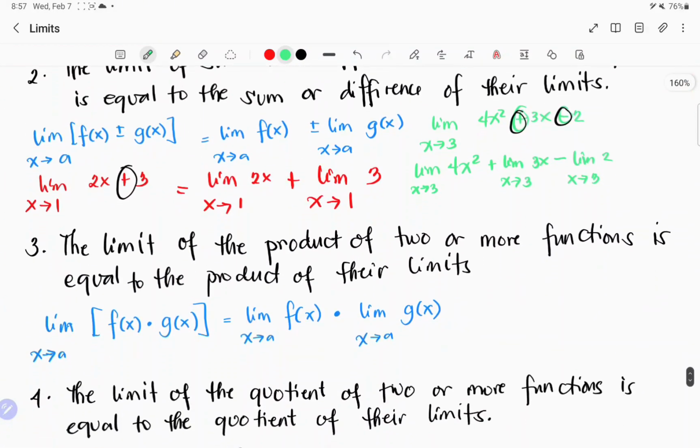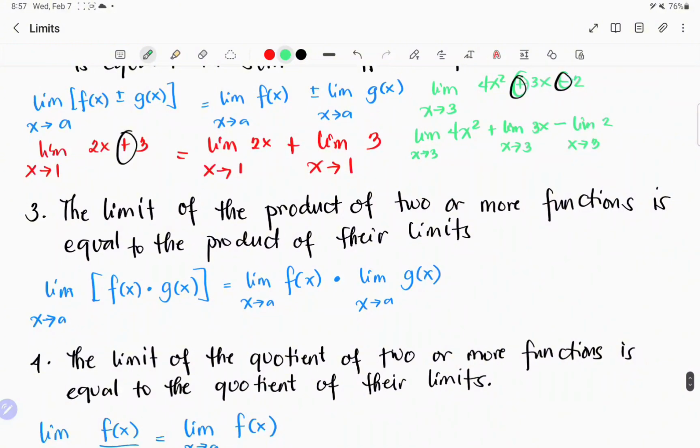For our third theorem, the limit of the product of two or more functions is equal to the product of their limits. So instead of addition and subtraction, here in our third theorem, we're talking about product.